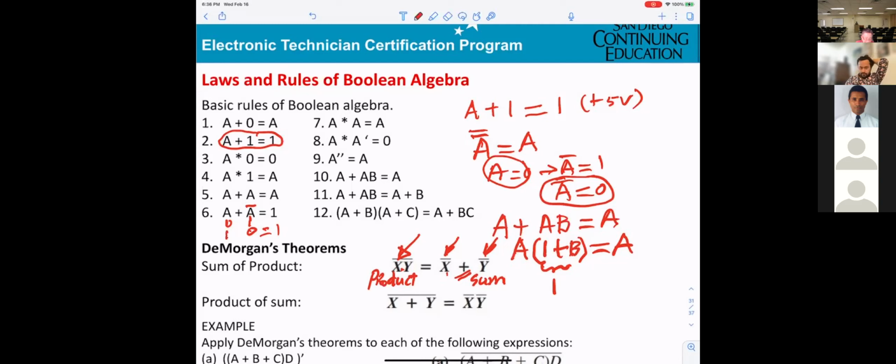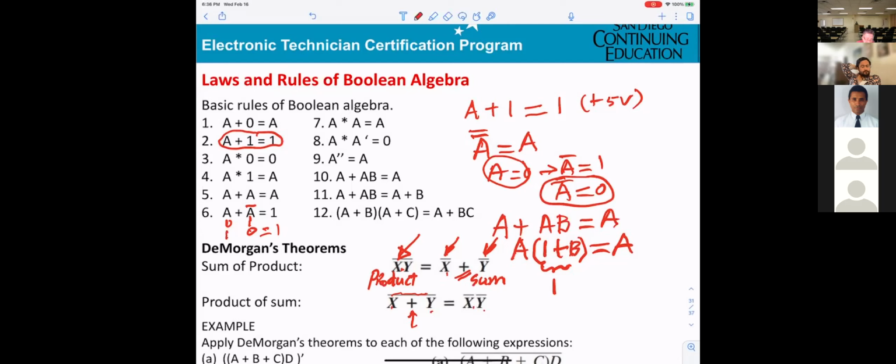Now you have the sum, X plus Y, with a not over it, and you want to convert it using De Morgan's law. X becomes not X, Y becomes not Y, and the OR now becomes AND.